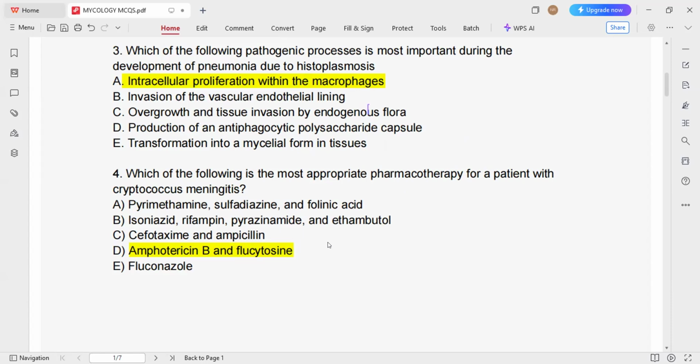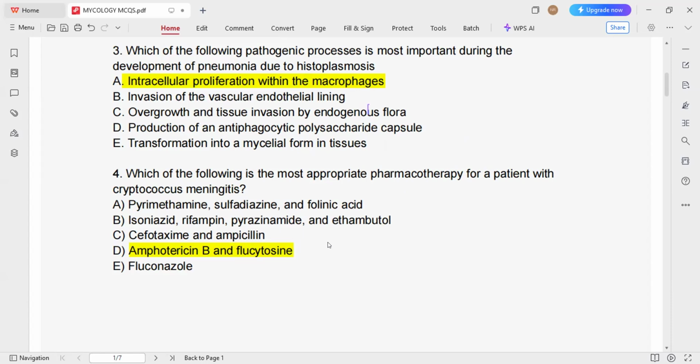We do it in different phases. I don't want to go into details, but we have an induction therapy where we give amphotericin B and flucytosine. Flucytosine is never used as a monotherapy. If you see a choice saying flucytosine alone, that is wrong. It is used together with amphotericin B.